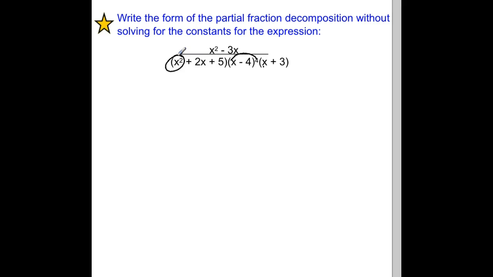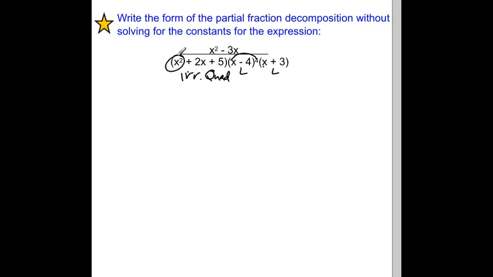Now, the first factor here, x squared plus 2x plus 5, can it be reduced more? So this first one is an irreducible quadratic. Yes? How about the x minus 4 piece? You're going to have a lot of different fractions that use that part, right? Because it's in there 4 times, but it is linear, right? Okay, so that one's linear, and the x plus 3 is linear.